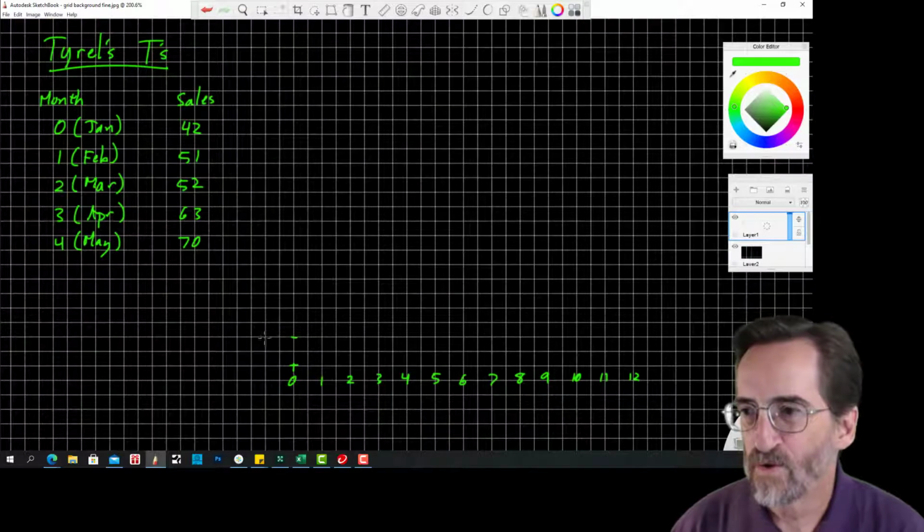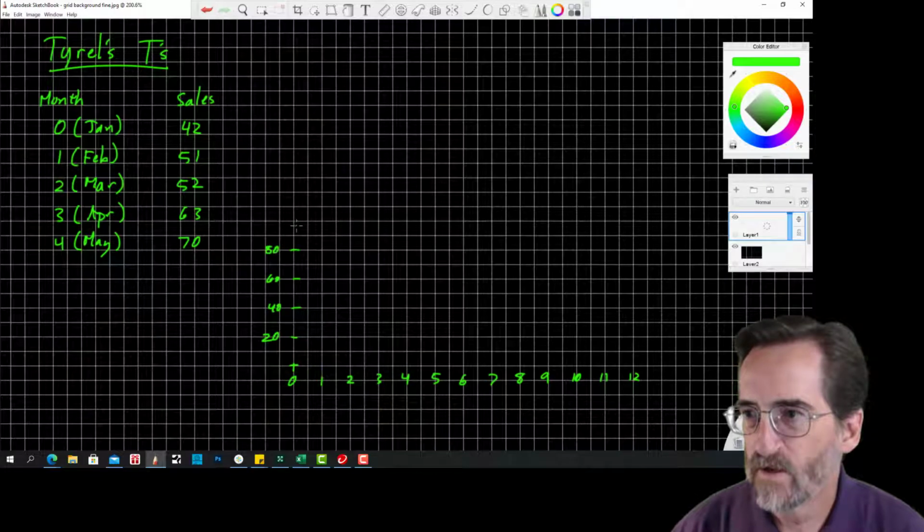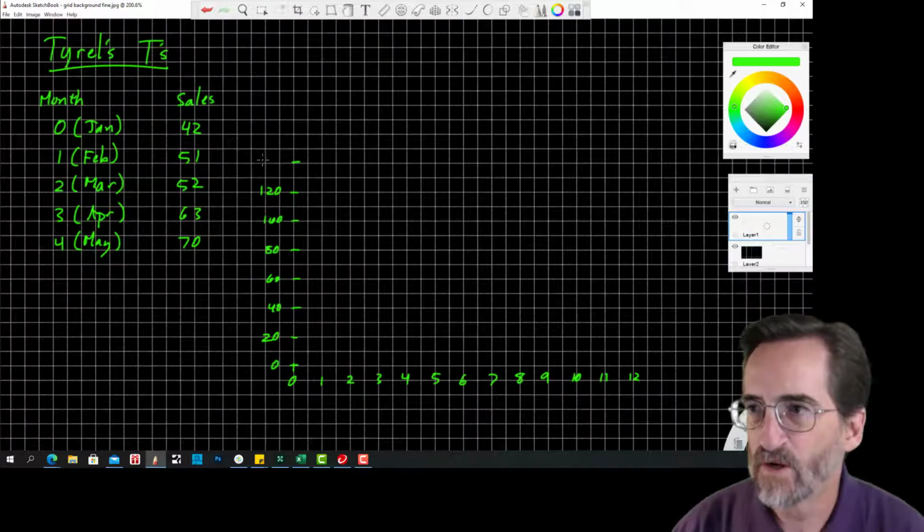So if I go 20, 40, 60, 80, and then 0 down here, 100. Yeah, that'll work. 120. So we're basically going 10 per tick mark.